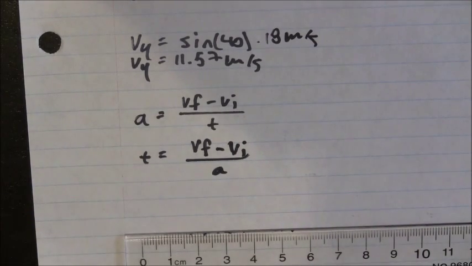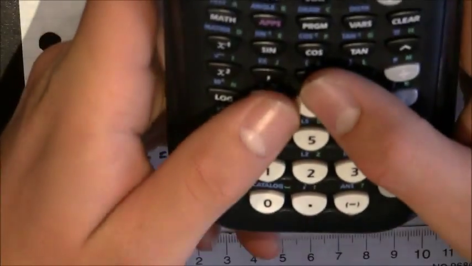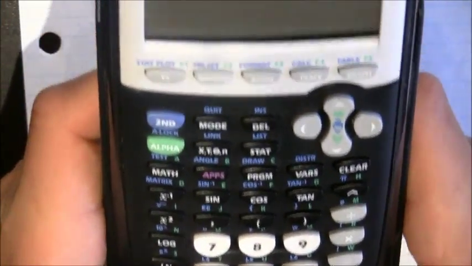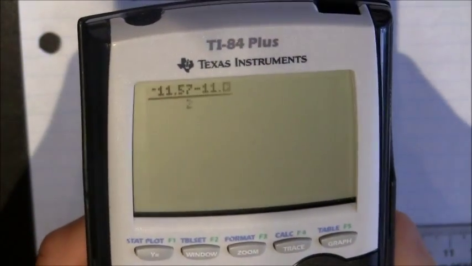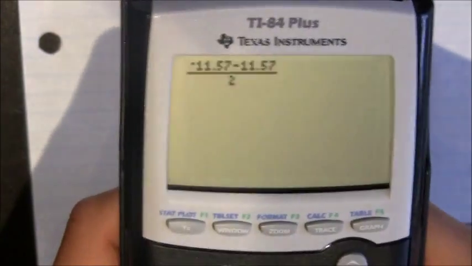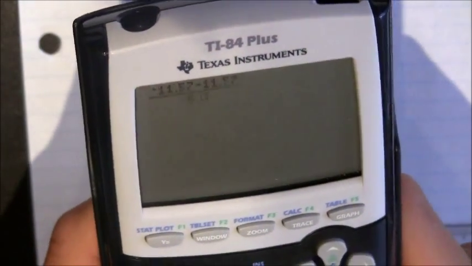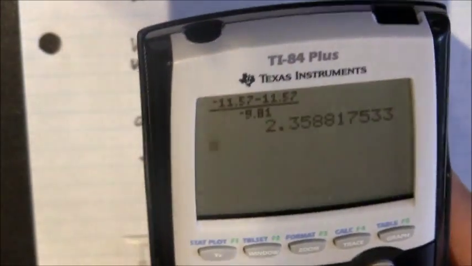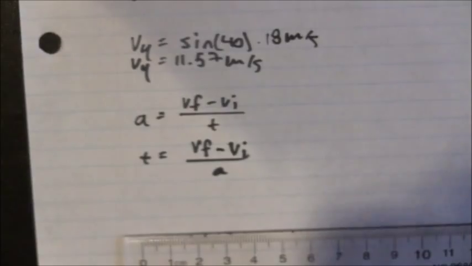So what we can do here is we can just find time really easily by saying Vf is negative 11.57 minus 11.57 over a, which is in this case negative 9.81 because we're going up. And there's our time, 2.36 seconds.